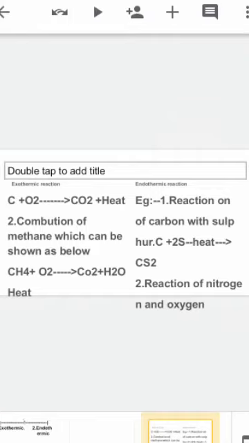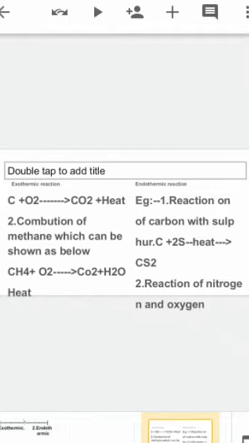Second example is combustion of methane, which can be shown as below. The formula of methane is CH4, which reacts with oxygen.